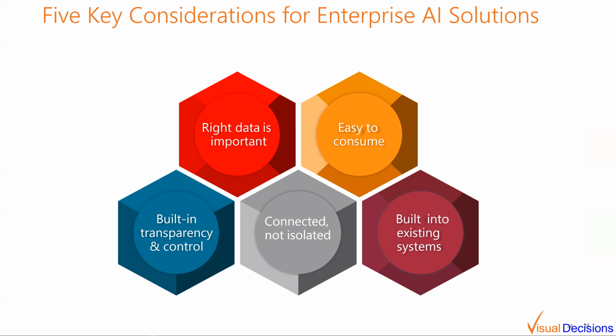You have to be able to have the output of this be something that your operators on the floor or your engineers can very easily see, understand what's happening, and then be taking action upon it. And this should also be connected and built into existing systems, so that people don't have to go to a separate interface to be able to see all of this.